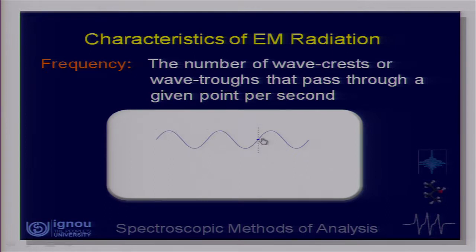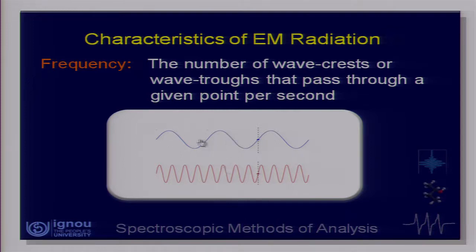Suppose I give a certain amount of time, and we can visualize that per second I can expect maybe 3 waves to pass through this point. But if I take a different wave of shorter wavelength here, then in the same time I will find more waves passing through. That means this wave shown here in red will have a higher frequency than this wave shown in blue, which has a larger wavelength.